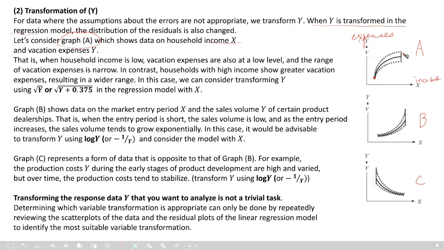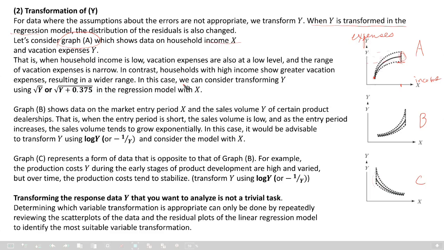But here, with higher income, the range will be wider. Some people spend a little, like this. Some people will spend large, big expenses. That shows in this graph, for example, resulting in a wider range.